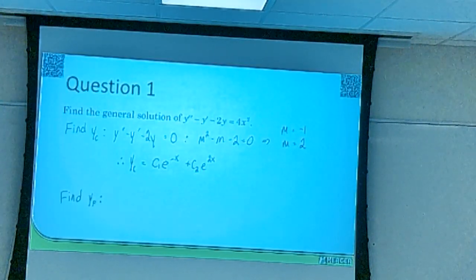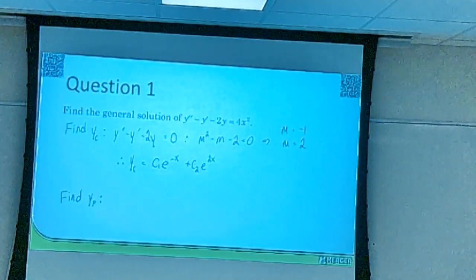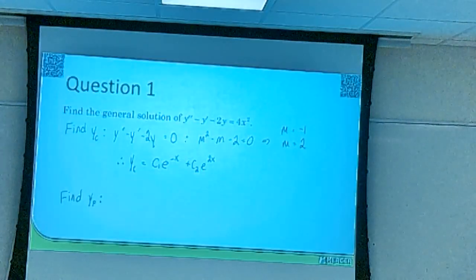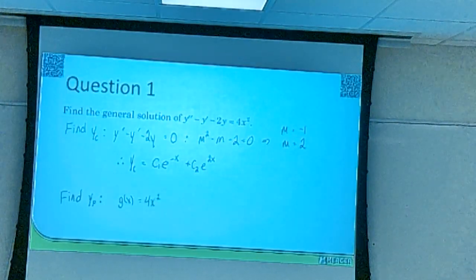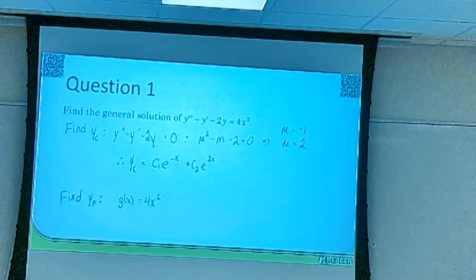Now we find the particular. This is where you look at g of x. So what does it equal? 4x squared, right? What kind of polynomial is that?